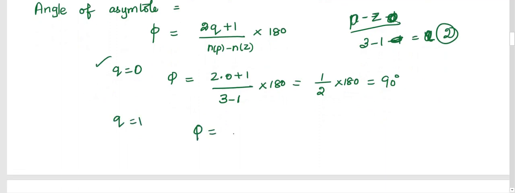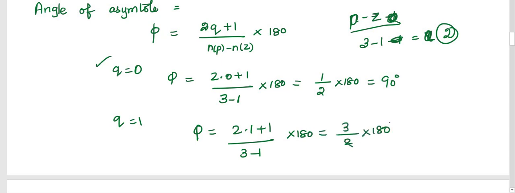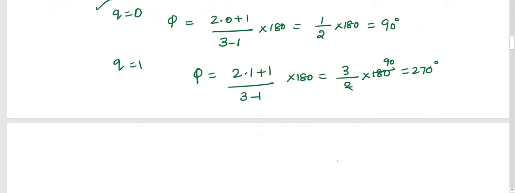So (2 into 1 plus 1) divided by (3 minus 1) into 180, that is 3 divided by 2 into 180, that is equal to 270 degrees. So the asymptote is over.